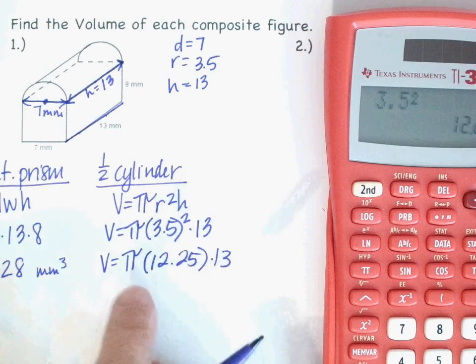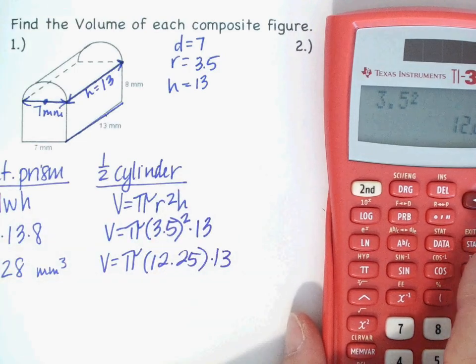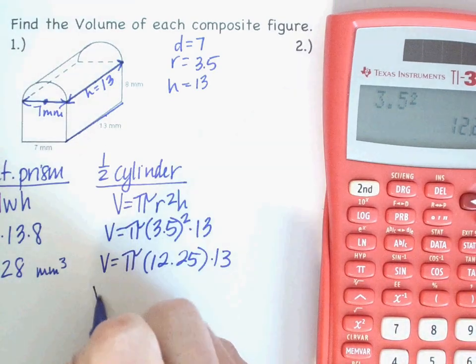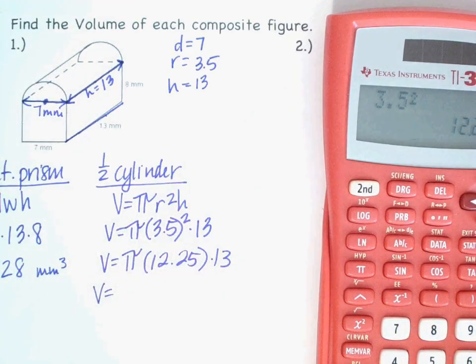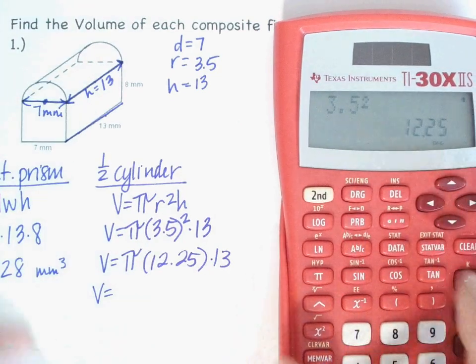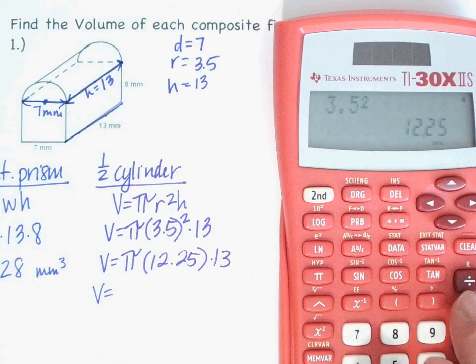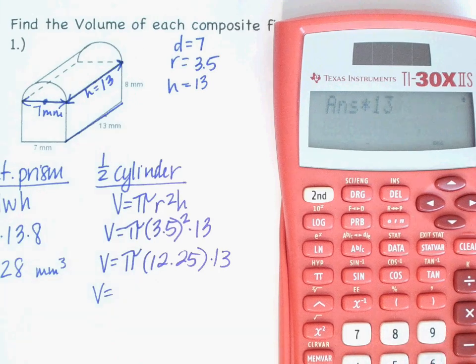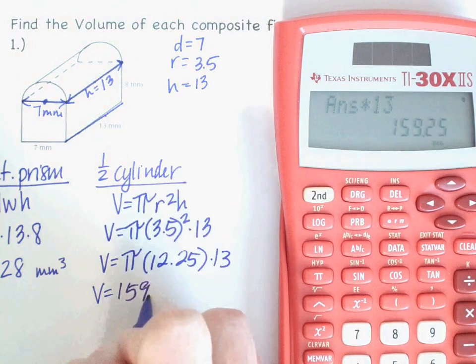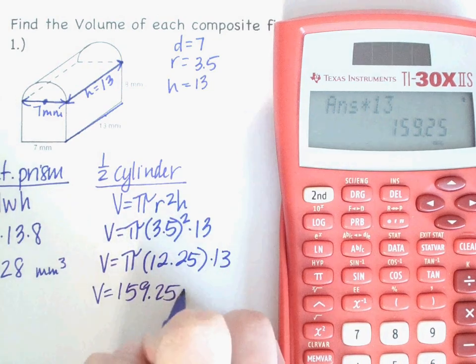I'm kind of writing sloppy, that's why I have the parentheses. So if you can be neat, you don't necessarily have to do that. My next step, though, is going to be to multiply my two coefficients together. So this 12.25 times 13, and that gives me 159.25 pi.